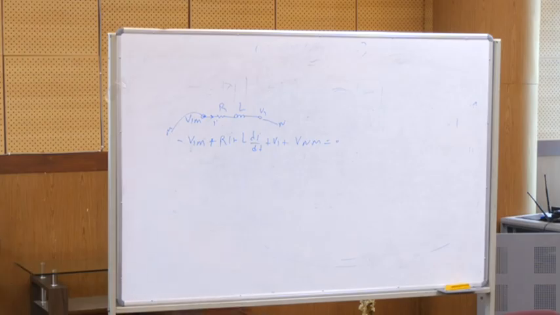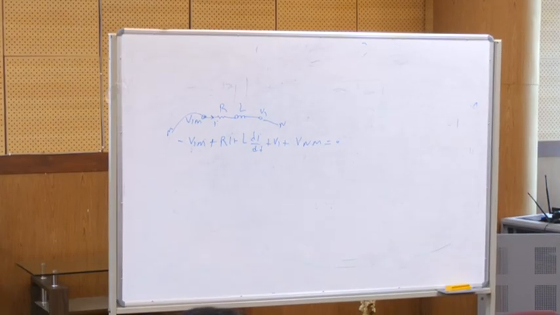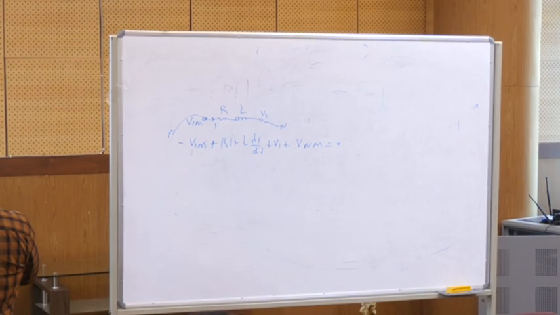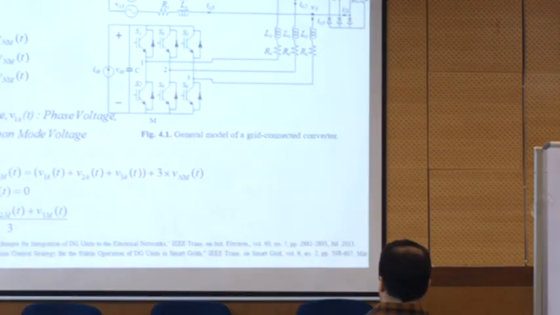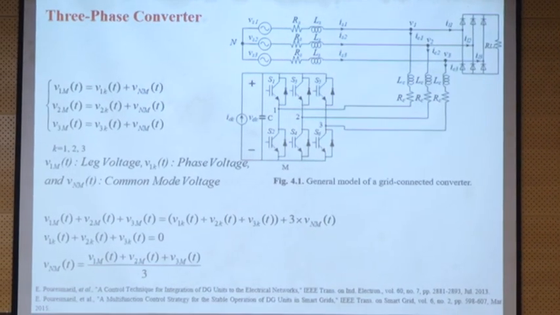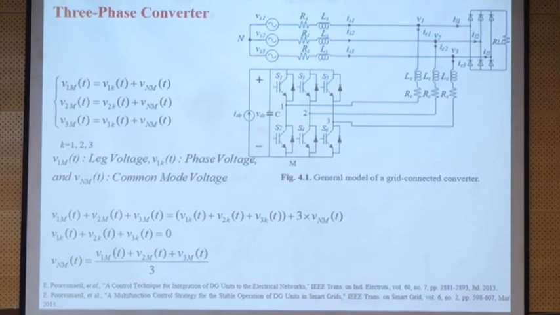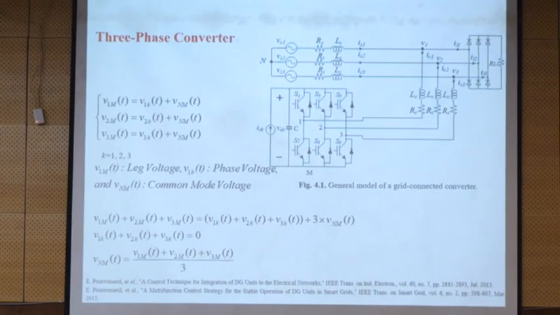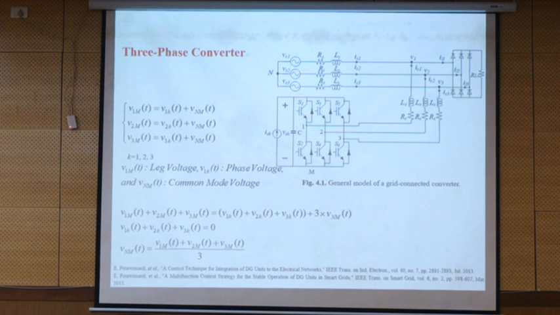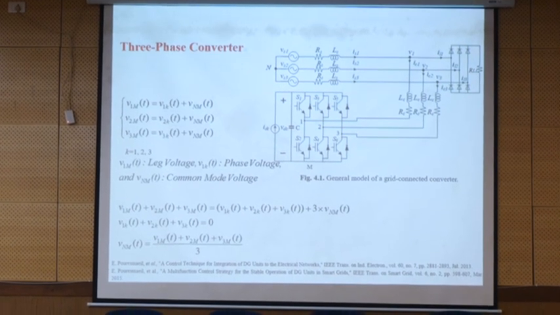So let's get back to that one to see whether I made a big mistake or not. Basically the direction is different. Here the current is from here to here, but I took it from there. So let's get back to the model we have here, because we are going to compare to make sure this is correct.